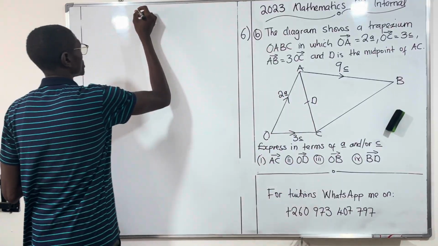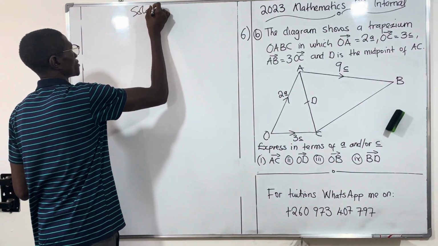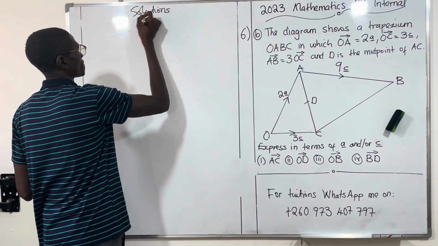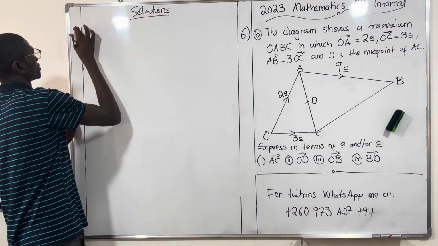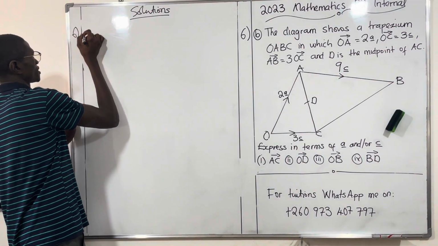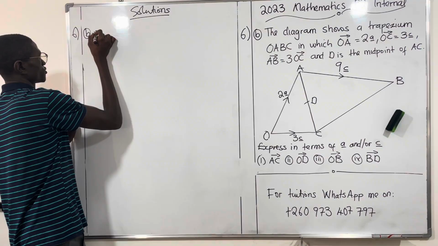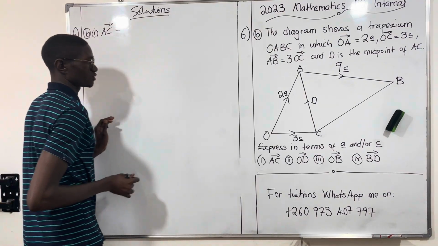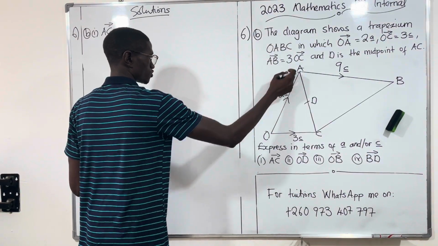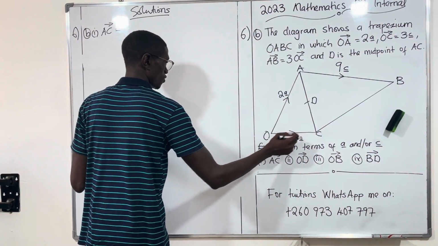So let's have our solutions over here. I'm trying to find question 6, B, Roman numeral 1. We're trying to find vector AC. So we said we can go to O. So it's going to be AO plus OC.